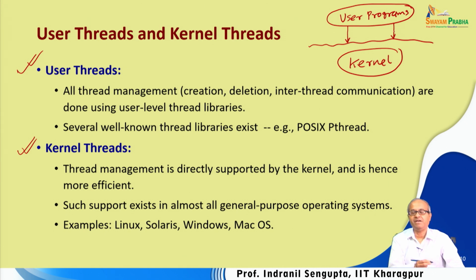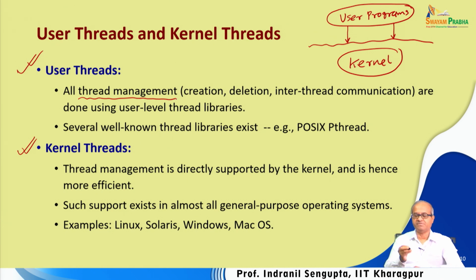Now, user threads: what I am saying is that all thread management activities, like when we talked about processes earlier, we talked about creation of processes and termination of processes. We mentioned that processes may need to communicate, but did not say how. This we shall be discussing later. Similar things are required for threads also.